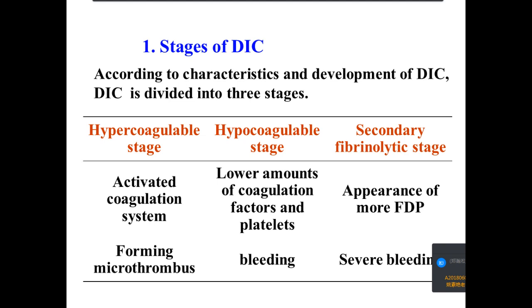During this stage, what decreases? Coagulation factors and platelets decrease, and coagulation function decreases. So does it form microthrombus or hyperbleeding? In the second stage, the hypocoagulable state, there is hyperbleeding.